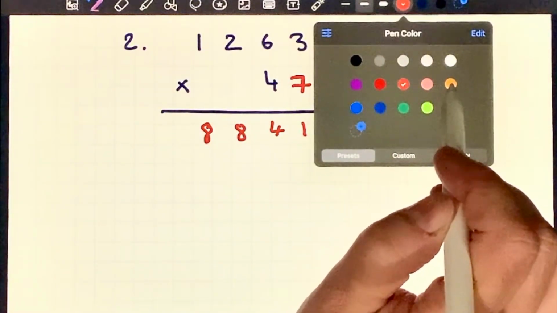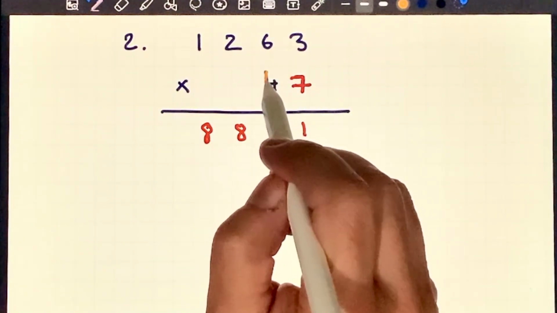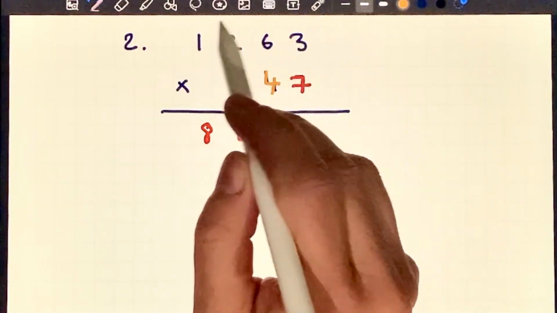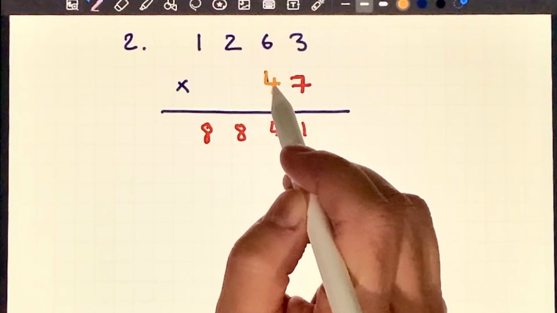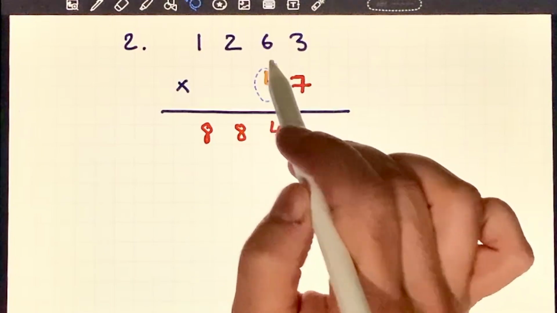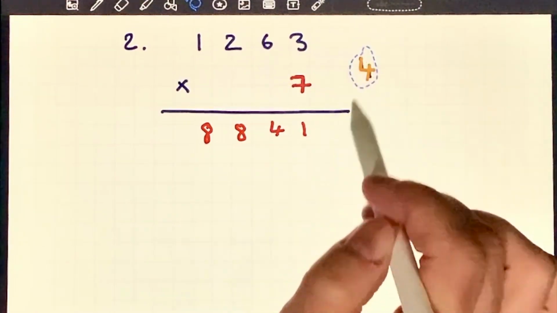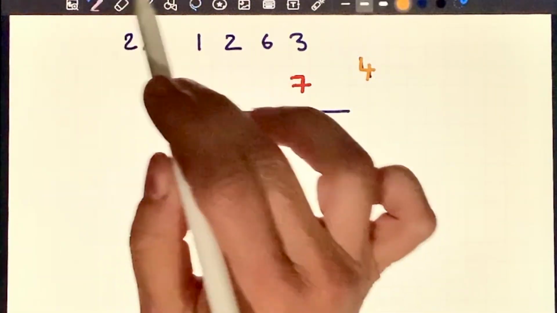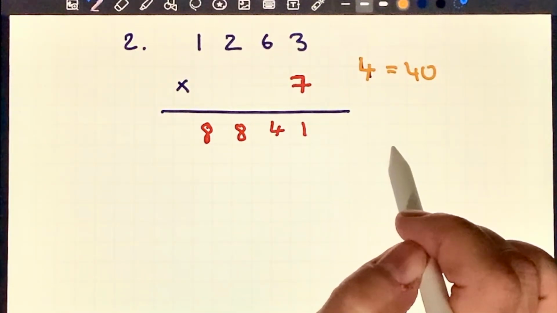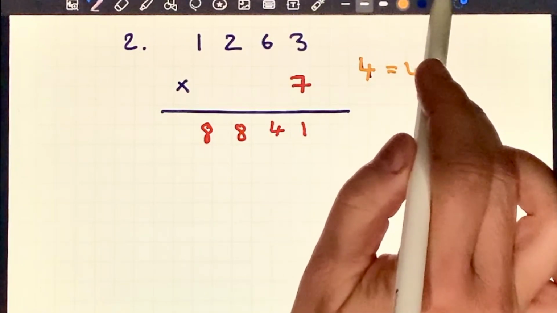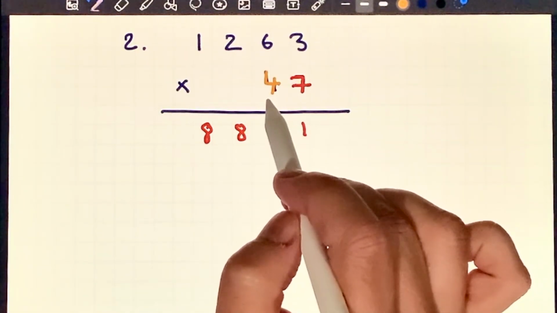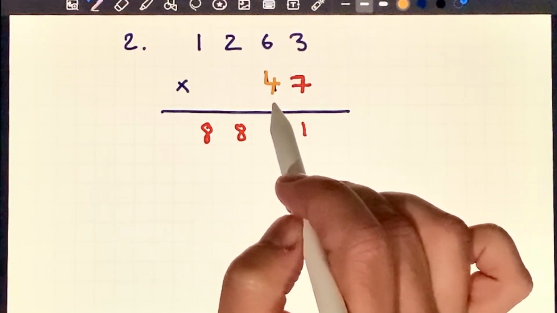I'm now going to move on to the 4. Now, before we go ahead and multiply everything by the 4, I want us to think about what this 4 is actually representing. And it is representing 40, because of its place value.